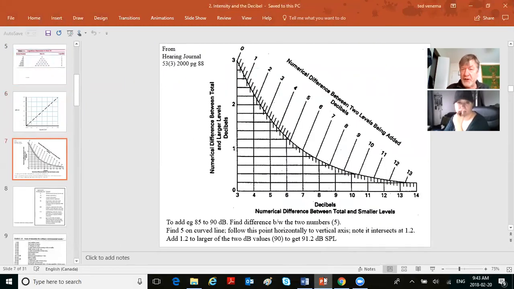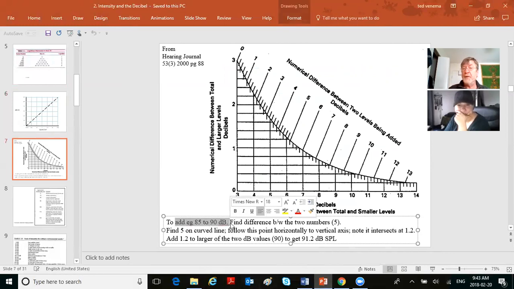When you're looking at this PowerPoint slide, look here for an example to add 85 to 90 dB SPL. First of all, find the difference between the two numbers. In this case, it was 5. Then you go down to the curve, and you work your way leftward, and you'll end up at about 1.2.